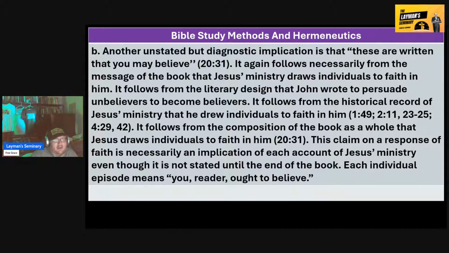B. Another unstated but diagnostic implication is that these are written that you may believe. It again follows necessarily from the message of the book that Jesus' ministry draws individuals to faith in him. It follows from the literary design that John wrote to persuade unbelievers to become believers. It follows from the historical record of Jesus' ministry that he drew individuals to faith in him.